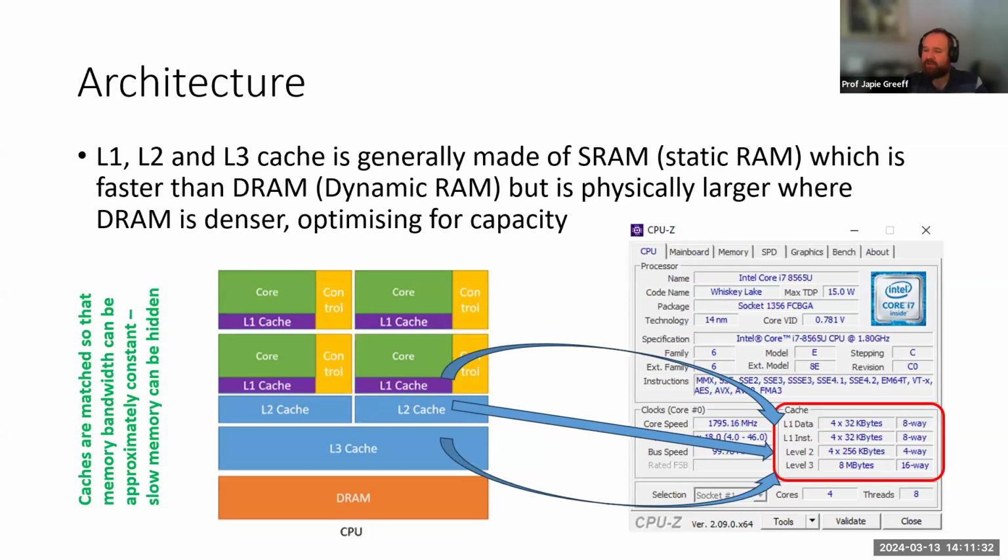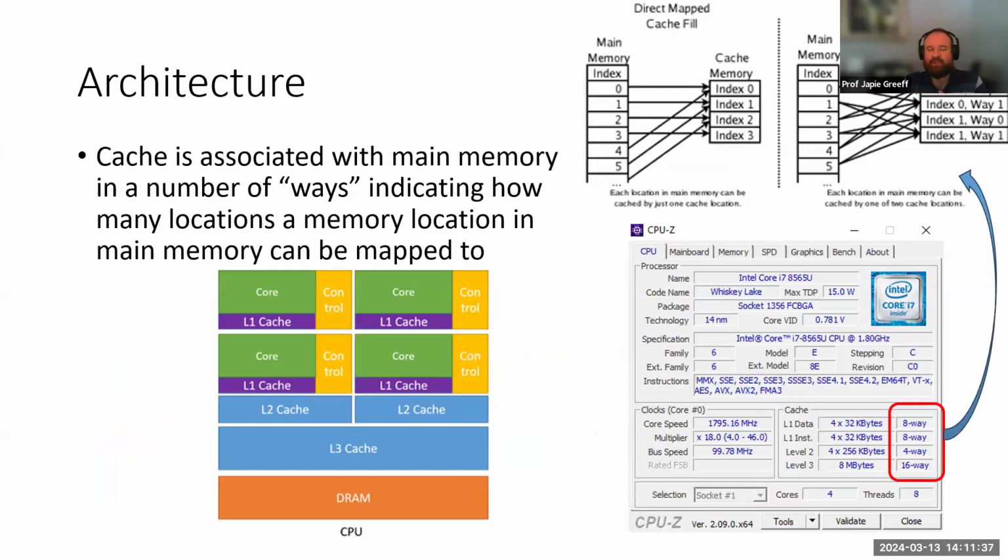Now, in addition to the size of these caches, they are also split up into a number of ways, okay? So a way is basically how the cache is associated to main memory. This indicates how many locations inside of the cache each location in the main memory can be mapped to.